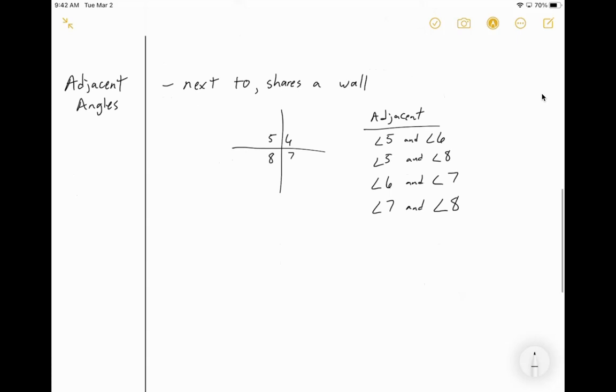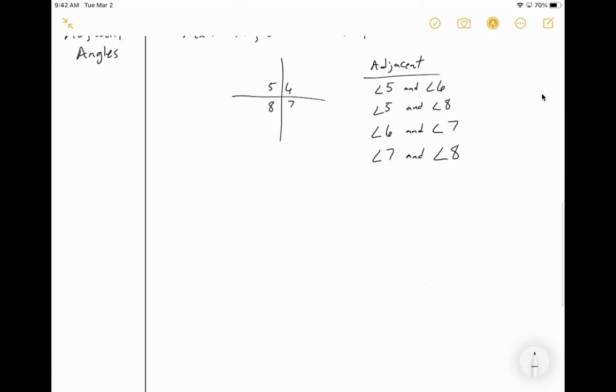Okay. So let's do a little challenge problem here to see how well we understand all this stuff. All right. So I'm going to draw a little diagram here. All right.